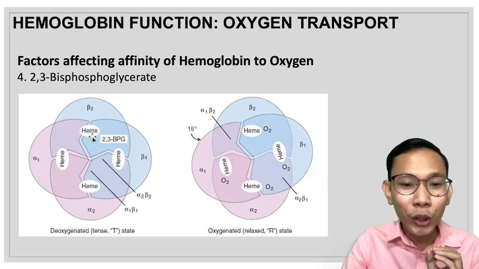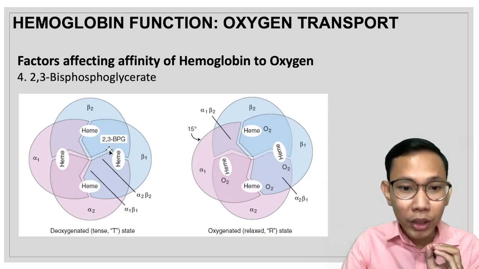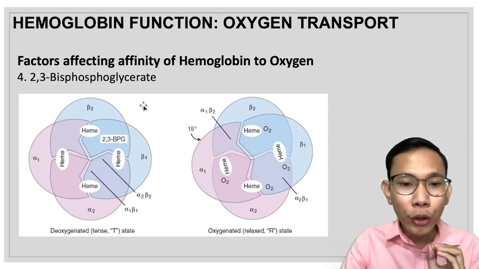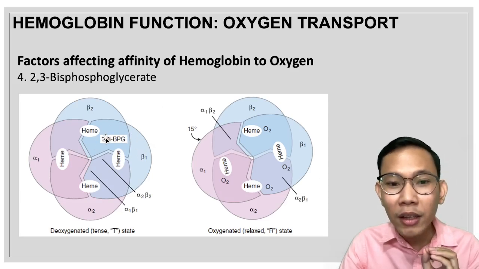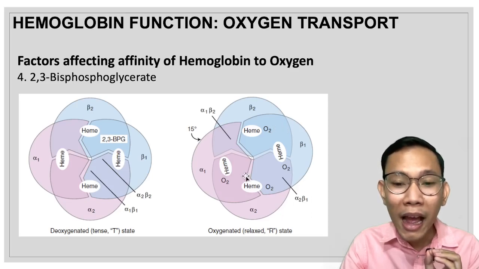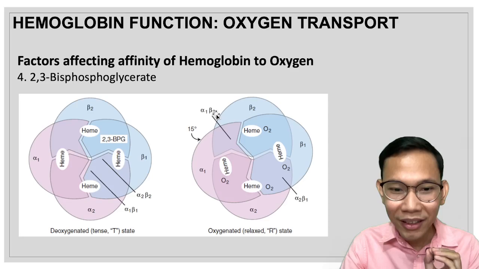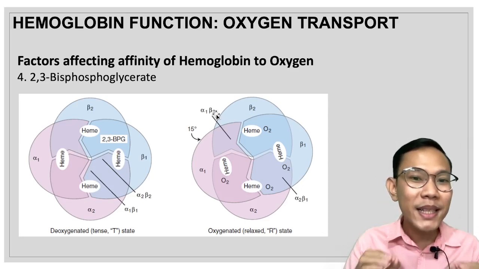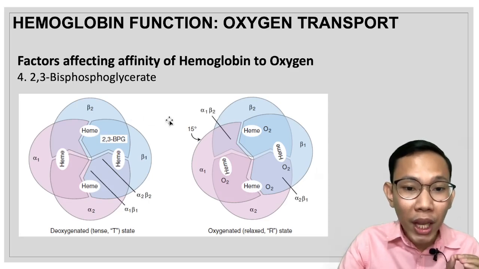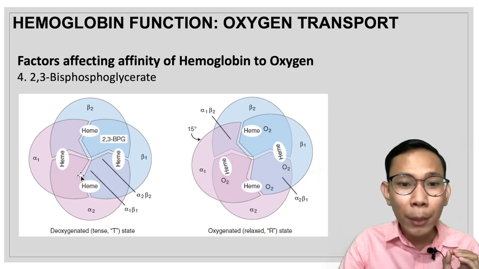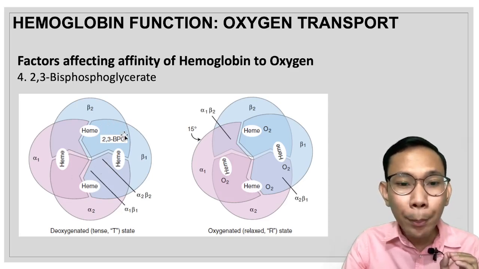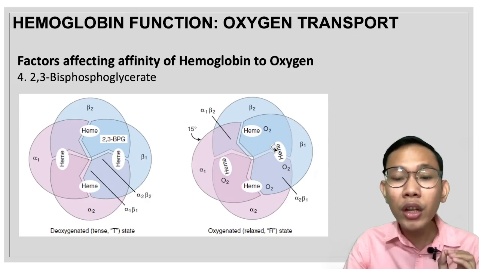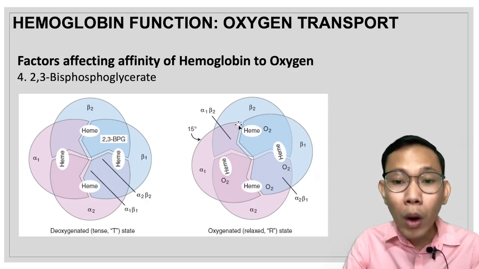In the presence of your 2,3-BPG, your oxygen will be released. Pag wala si 2,3-BPG, therefore, your oxygen will have higher affinity. Basic, simple. Again, in the presence of 2,3-BPG, the oxygen will be released. Tingnan niyo, wala nang oxygen dito because in the presence of 2,3-BPG, your oxygen is released. However, without 2,3-BPG, your oxygen will have higher affinity to our heme.